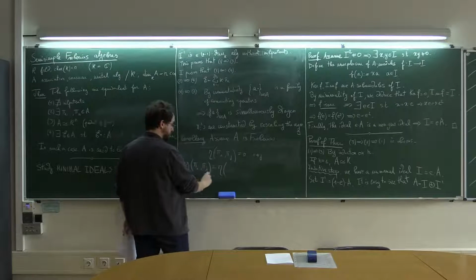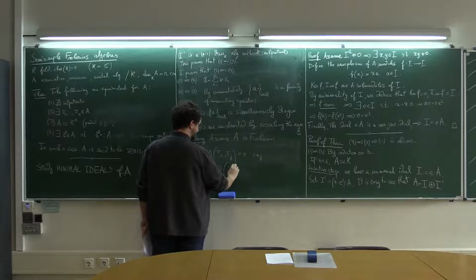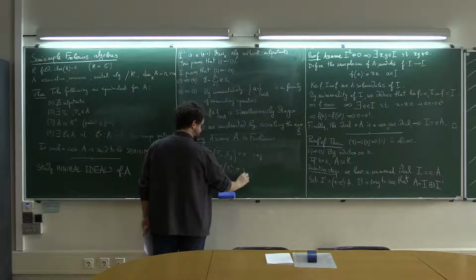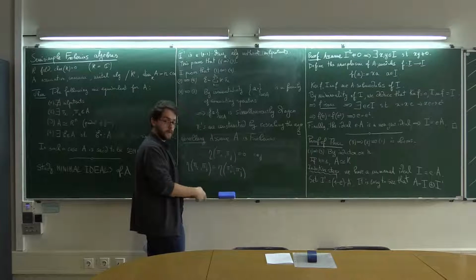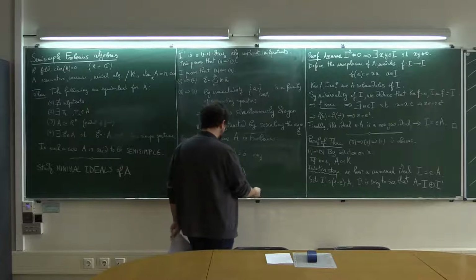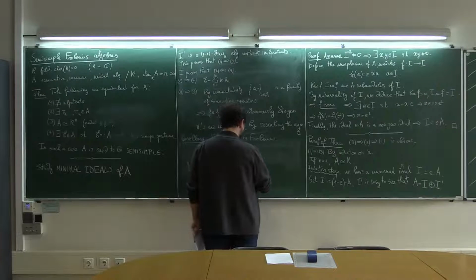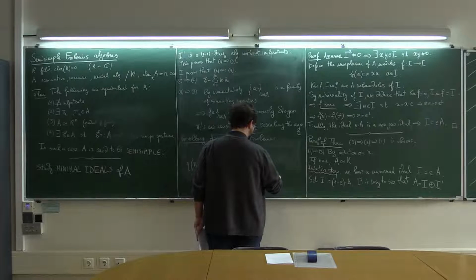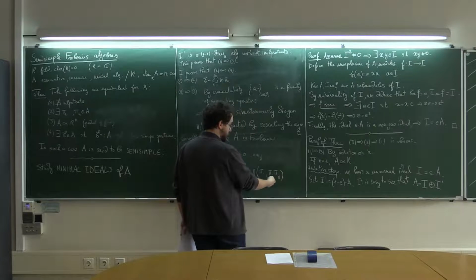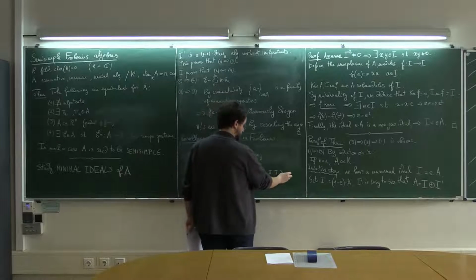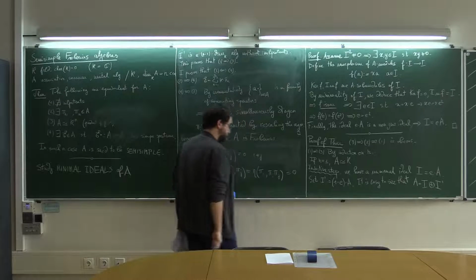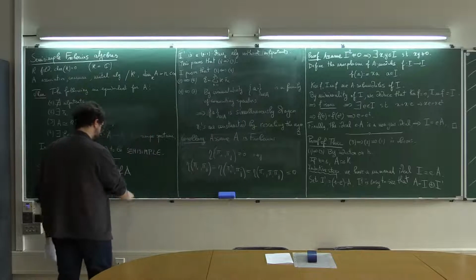So π_i equals π_i squared, but the operator of multiplication by π_i is self-adjoint with respect to η. That is, this equals η(π_i, π_i times π_j). But if i and j are different, then this is 0, and this gives you 0.